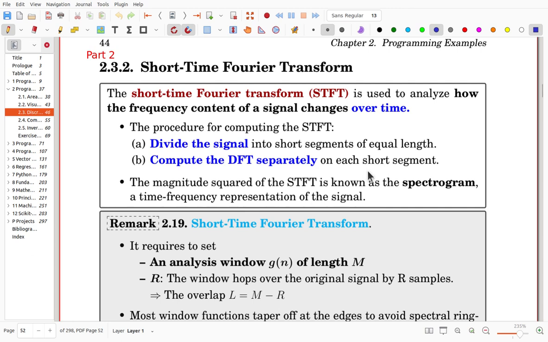So it is a simple application of the discrete Fourier transform. The magnitude squared of the STFT is known as the spectrogram, which is a time frequency representation of the signal.